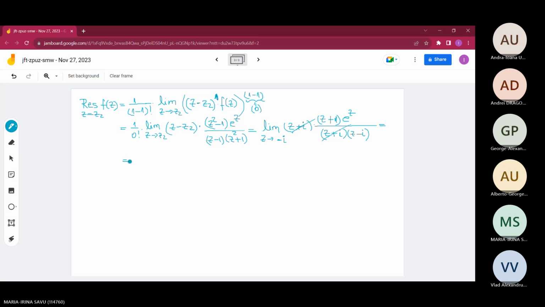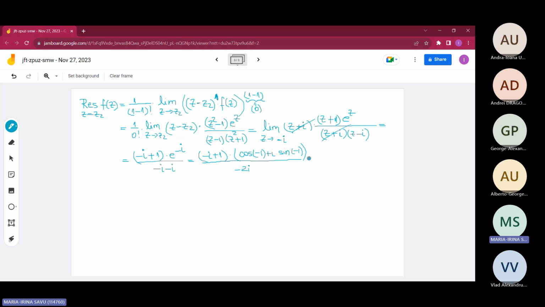So minus i plus 1 times e to the minus i over minus i minus i. Okay, so it is minus i plus 1 times e to the minus i, which could be left in this way, or you could write here cosine of minus 1 plus i times sine of minus 1 over minus 2i.